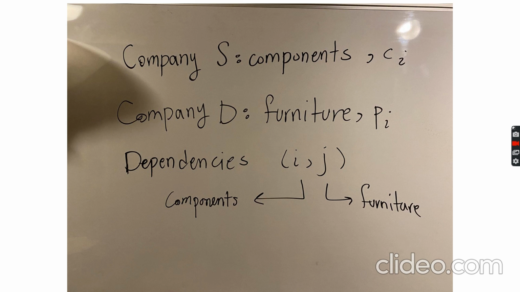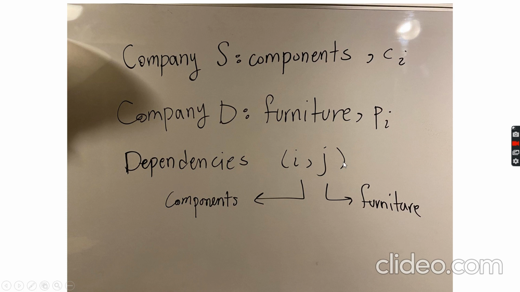So this is pretty much the setting of the project selection problem that you saw in class. Also, there are dependencies. For example, in order to build furniture 1, you might need to have components 1, 2, and 10. So we have dependencies of this sort for our problem.